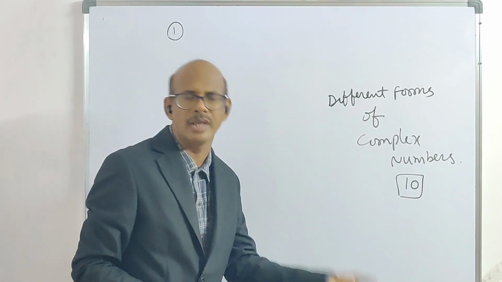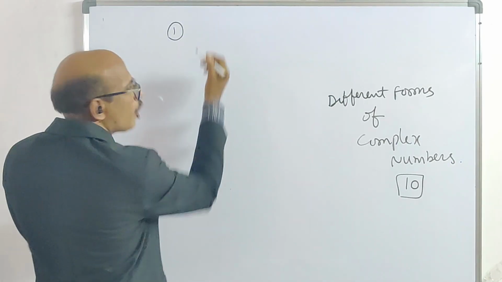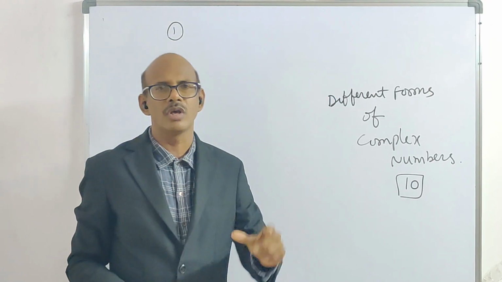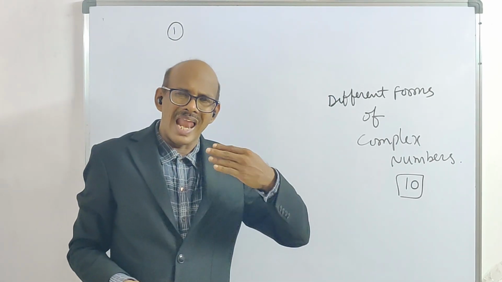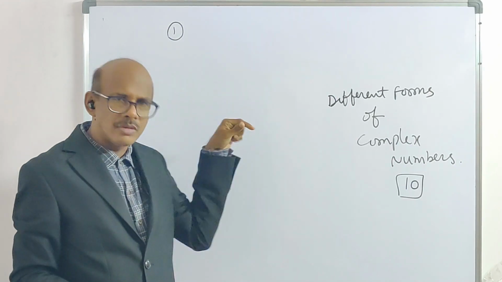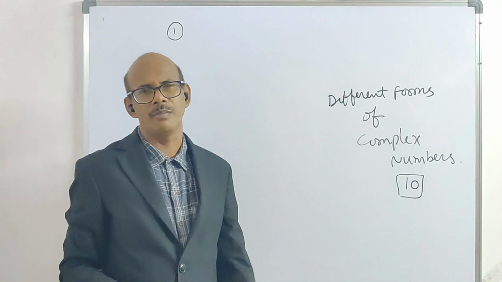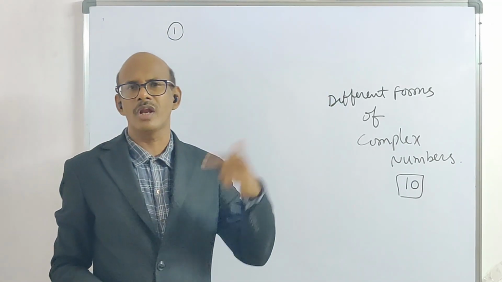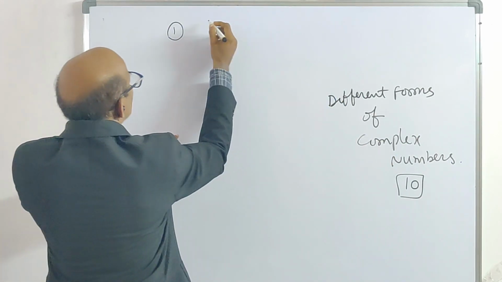Watching videos in serial order gives comfort: first the complex number introduction and different forms in the last video, and now I am going to give clarity about the forms.